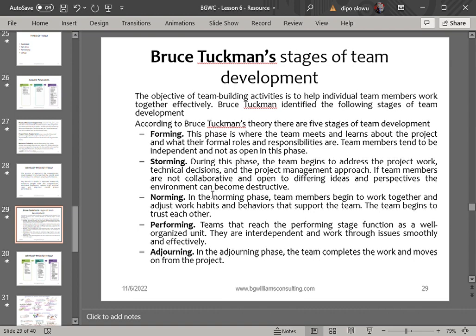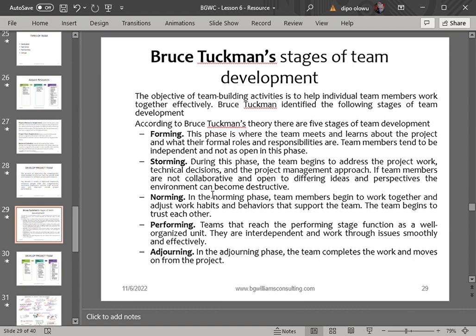Then after the forming stage, we go to the next stage, which is the storming stage. The storming stage automatically becomes that stage in the project where the team now starts working together. But because they are now working together, they begin to have some disagreement due to differences in their technical opinions and ideas.